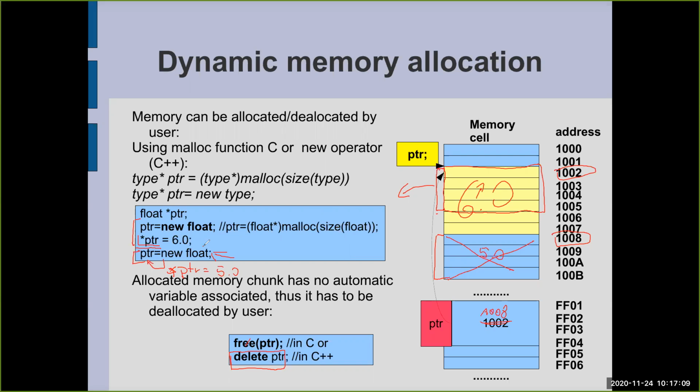So here I should use delete PTR. So it tells the OS to release this memory. So this memory will be marked as unallocated space. And now I can allocate a new piece of memory and assign it to my pointer.